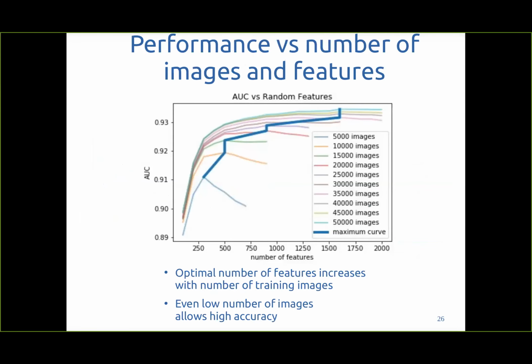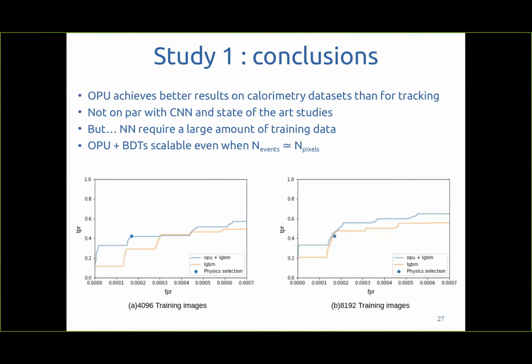And what's interesting is that already with 5,000, 10,000 images, you can achieve an area under the curve of 92%. So the whole message of this is that the results for the calorimetry are better than what we had for the tracking. Probably the OPU is more suited to this kind of problem.